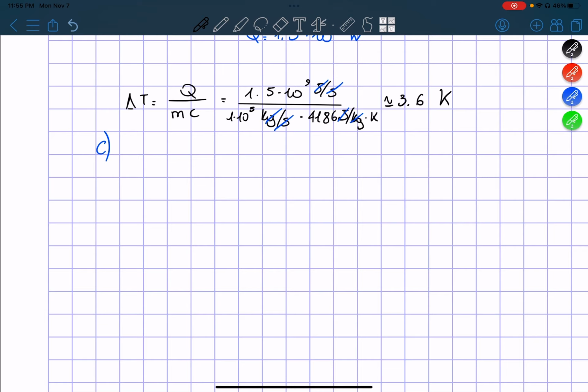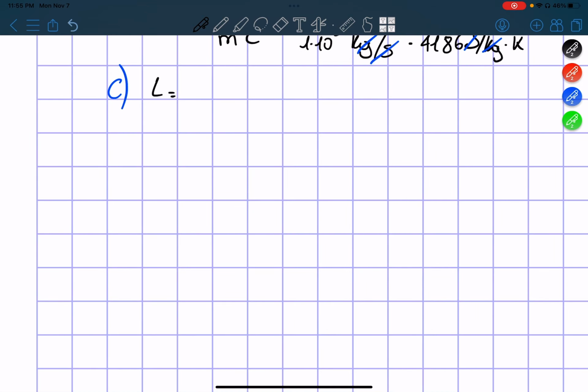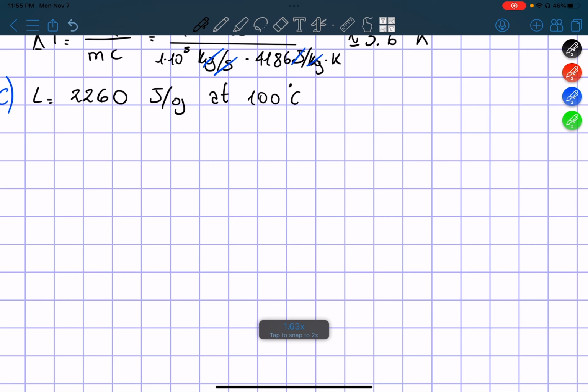So we know that the latent heat to evaporate water is 2260 joules per gram at 100 degrees Celsius. But at room temperature, it's a little bit higher, about 8% higher.